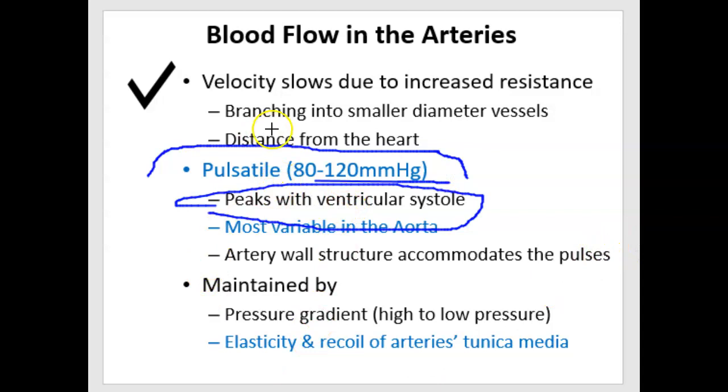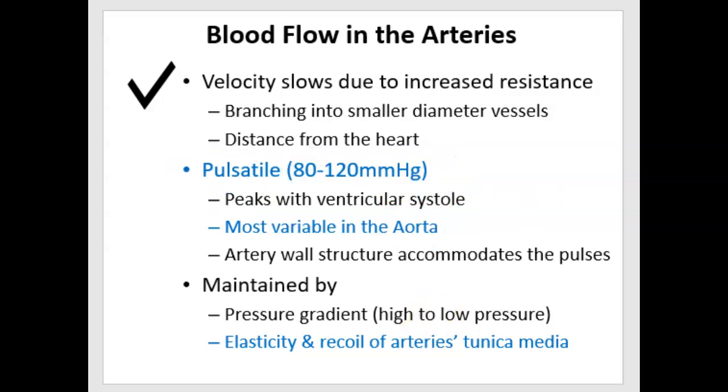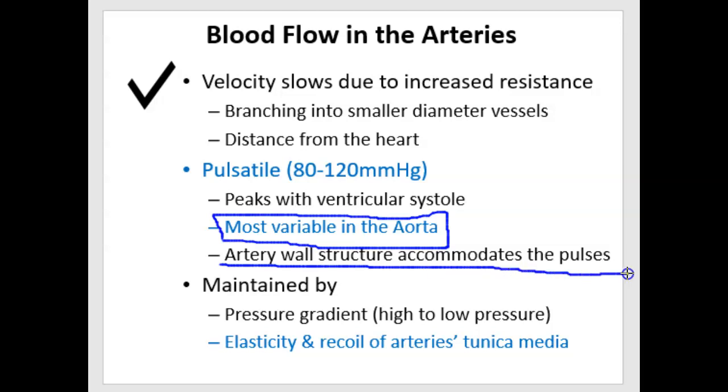And yet at diastole, the pressure is 80 right at the top of the aorta. So that's quite a big range. That's a range of 40 millimeters of mercury. So very variable, highly variable, and most variable in the aorta. Now the structure of arterial walls accommodates this pulsation, the pulsatile nature.